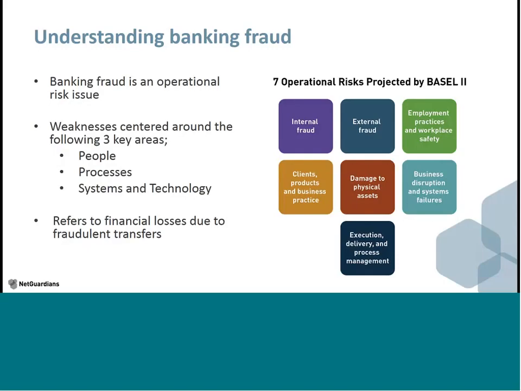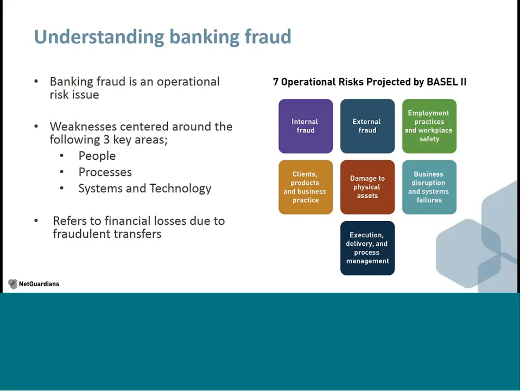So some recent challenges, just to have a grounding, is that banking fraud is one of the areas under operational risk management, and it's an operational risk issue. According to Basel II, there are 7 types of operational risks, including internal fraud, external fraud, and so on. But today our topic will be on how to manage the first 2, internal fraud and external fraud, using behavioral analytics.